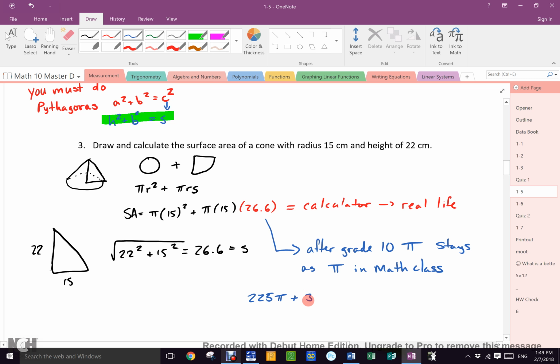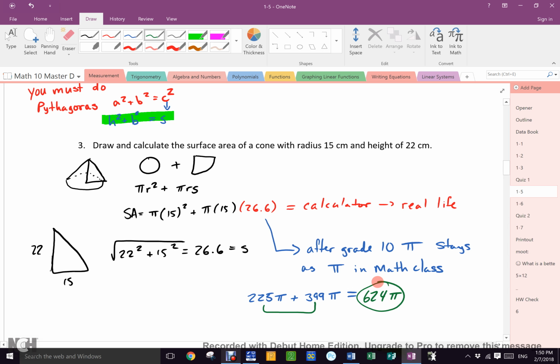Okay. 399 pi. Now, since that's 399 pi and that's 225 pi, what can I do with those two numbers? Add them, and I get 624 pi. In math class, after grade 10, this is what we are looking for.